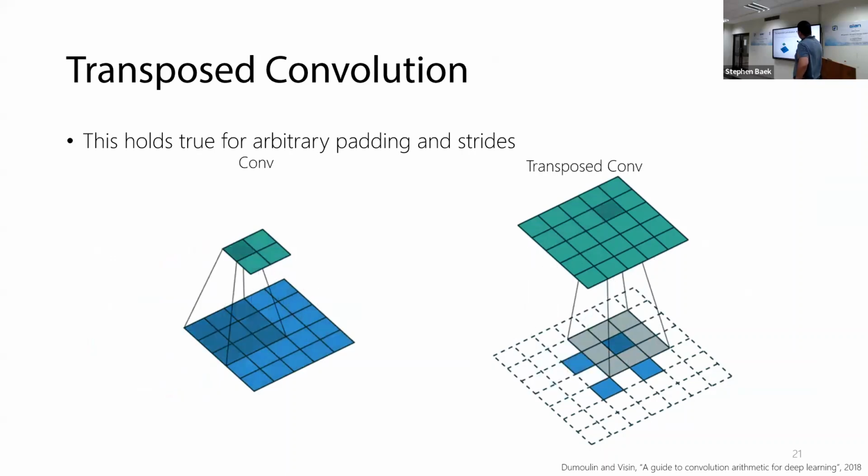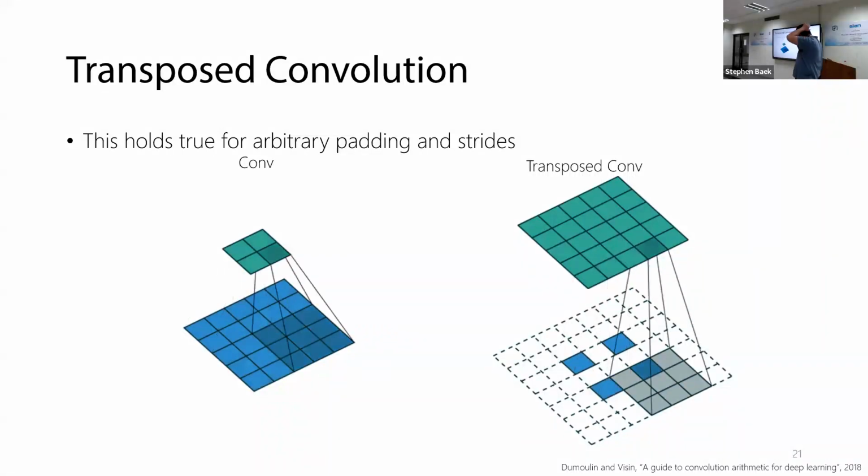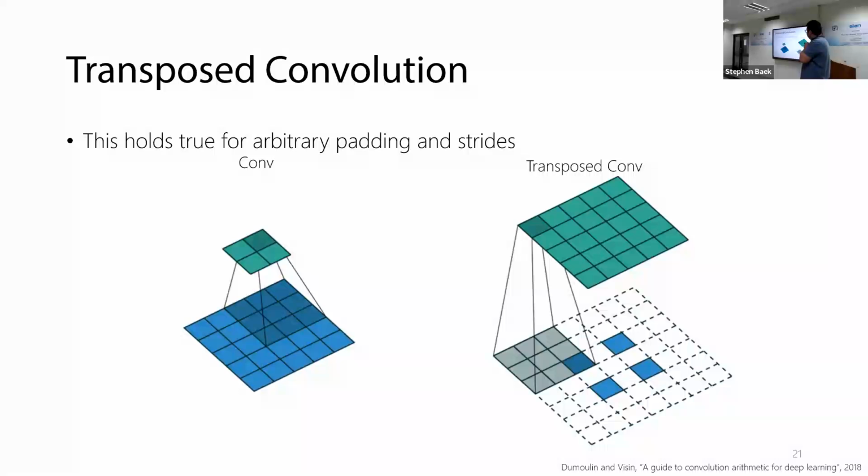Of course, when you have certain padding or strides in the forward convolution, you can pretty much find the transposed convolution that corresponds to that. So transposed convolutions are uniquely determined given any arbitrary convolution with different padding and different strides.